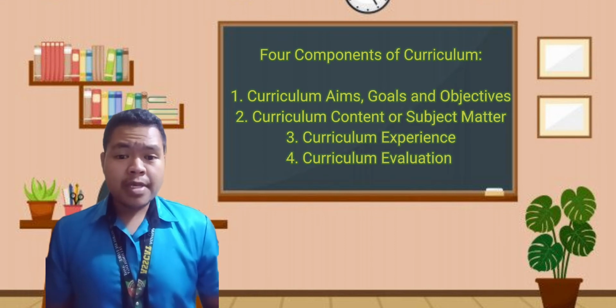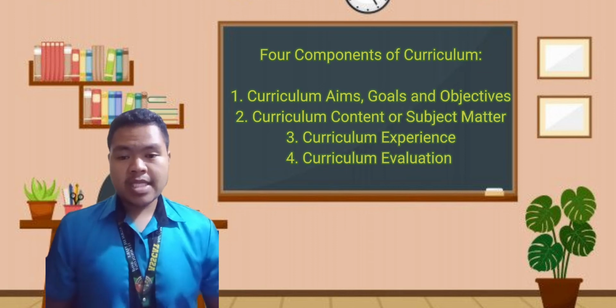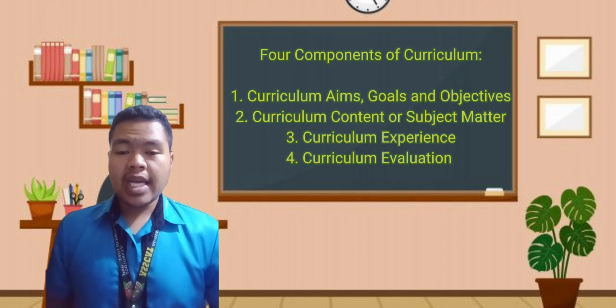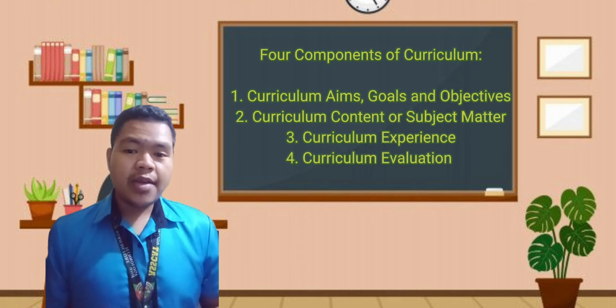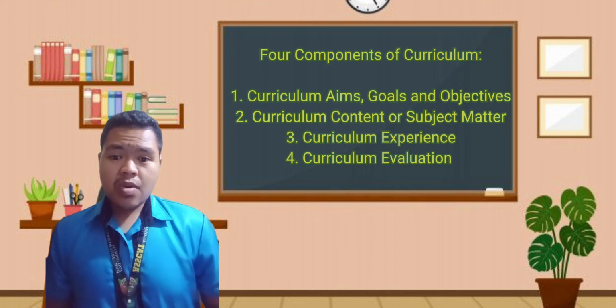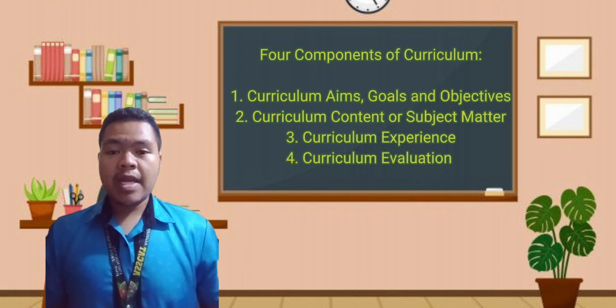Let's start with the first component, which is curriculum aims, goals, and objectives. Any idea from the class? Okay, yes, Nidalin? Okay, thank you. When we say aims, goals, and objectives, it is all about generalization or processing in terms of achieving mastery.